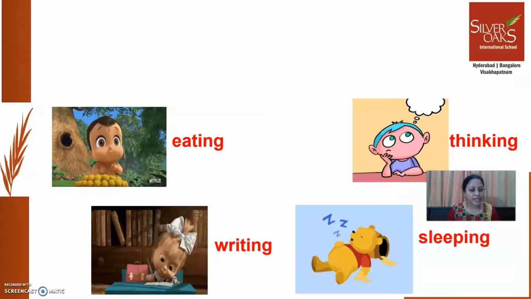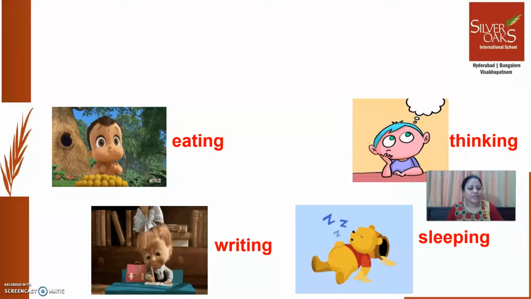Some kind of work is happening, right? If you see eating, the action of eating is there. If you see writing, the action of writing. If you see thinking, the action of thinking. Sleeping, the action of sleeping, or you can say state of sleeping.